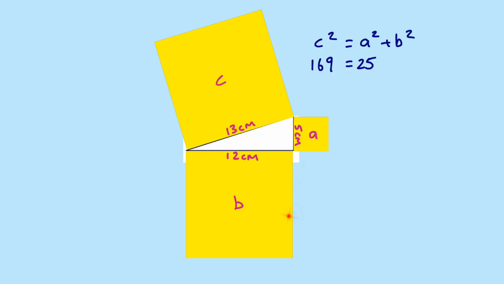And this square is 12 times 12, which is 144. So 169 equals 25 plus 144, which is in fact 169. Therefore, Pythagoras' theorem has been proved, and this is definitely a right angle triangle.